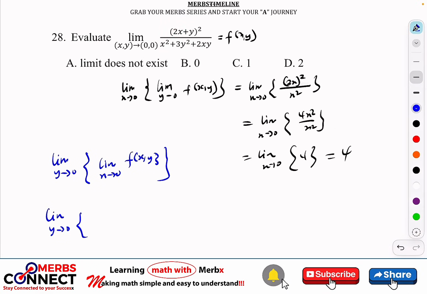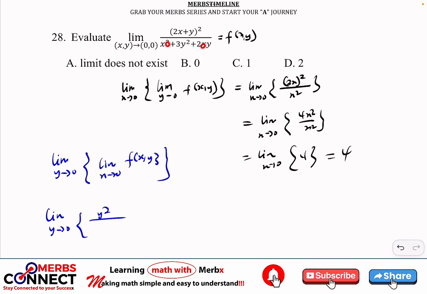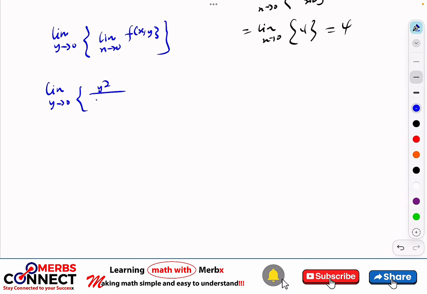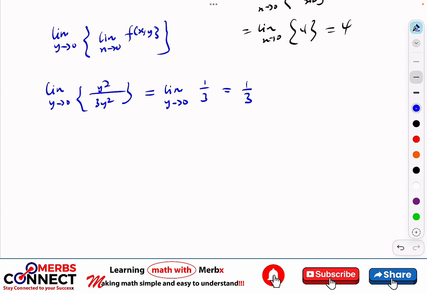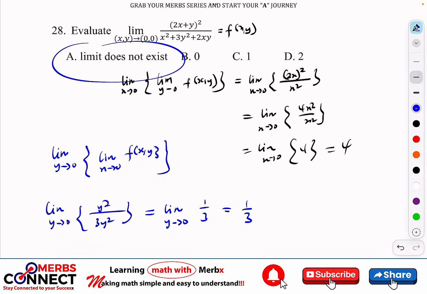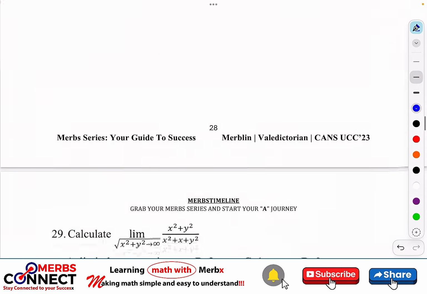So it's going to be left with y squared divided by 3y squared. And this is limit y is approaching 0. Y squared will cancel y squared. So it'll be left with 1 over 3. And this is 1 over 3. So you see that going this way before this way, they are not the same. So here we are going to just say that the limit does not exist. We are done with that.